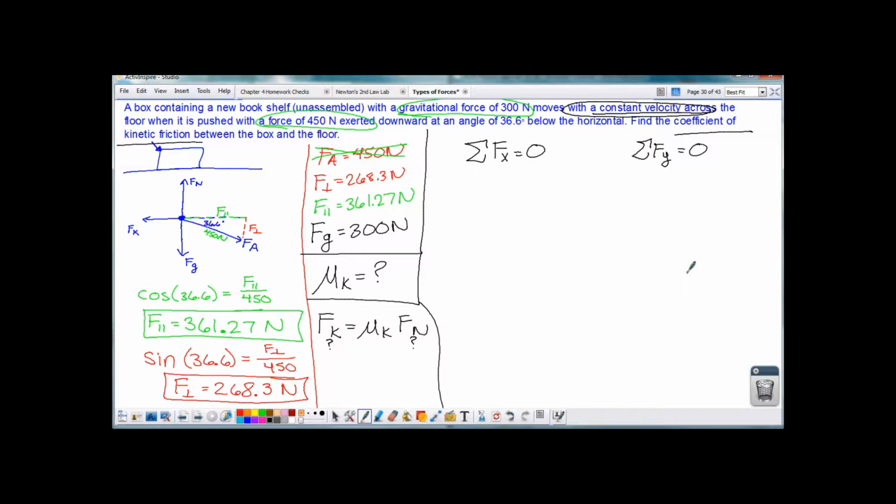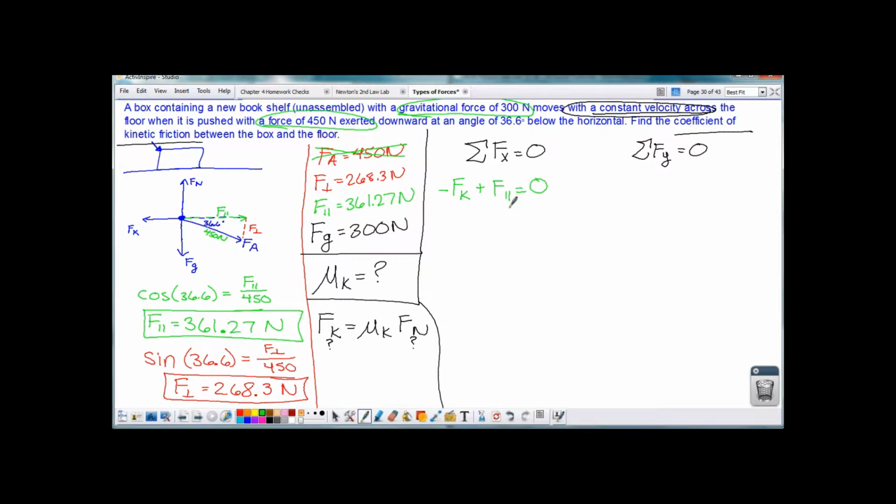So I'm going to look for the x direction forces. I look over here at my diagram and I see I've got the force of kinetic friction acting to the left. So I'm going to make that negative. The force of kinetic friction acting to the left. And sum means we're going to add them up. So I'm going to add that to, I've got this F parallel, and that is going to the right, so that's positive. And those two are going to add up to 0.